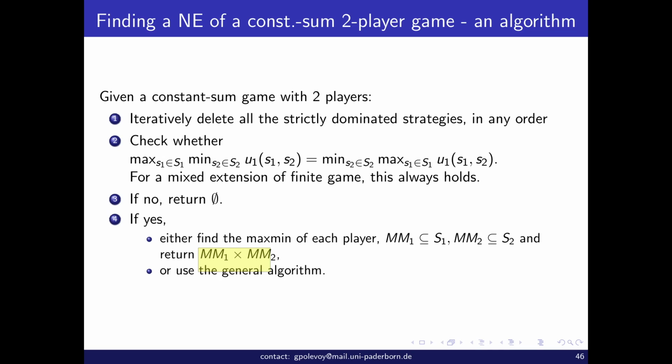So the Cartesian product of those sets of max-min strategies of both players is exactly the set of Nash equilibria. As I said, they are exchangeable, so you can match them in any way you want, and it will be an equilibrium. Or of course, you can also use a general algorithm to find a Nash equilibrium.